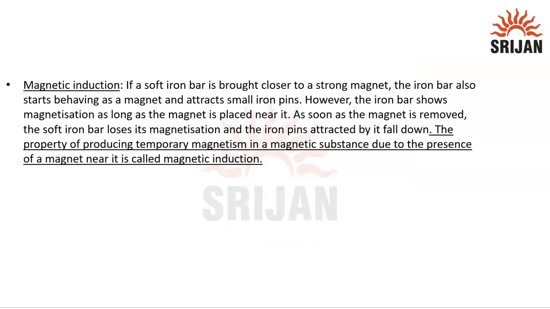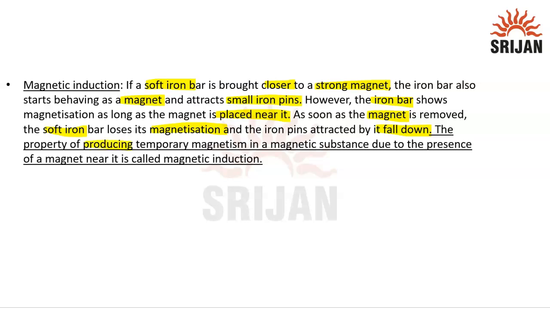Now magnetic induction: if a soft iron bar is brought closer to a strong magnet, the iron bar after some time also behaves as a magnet, and it even starts attracting small iron pins. However, the iron bar shows magnetism only as long as the magnet is placed near it. As soon as we remove the magnet, the soft iron bar loses its magnetization, and the iron pins which were attracted earlier by it now fall down.